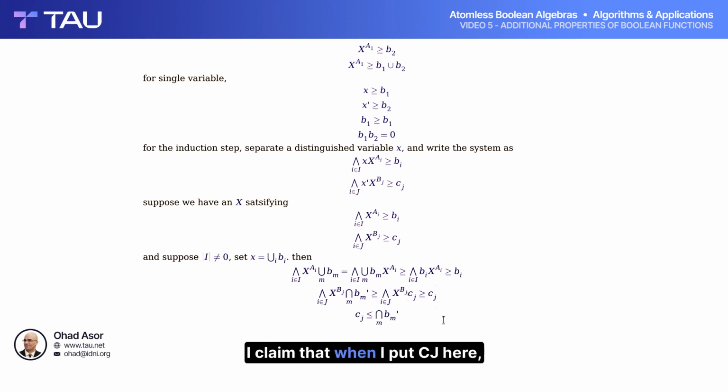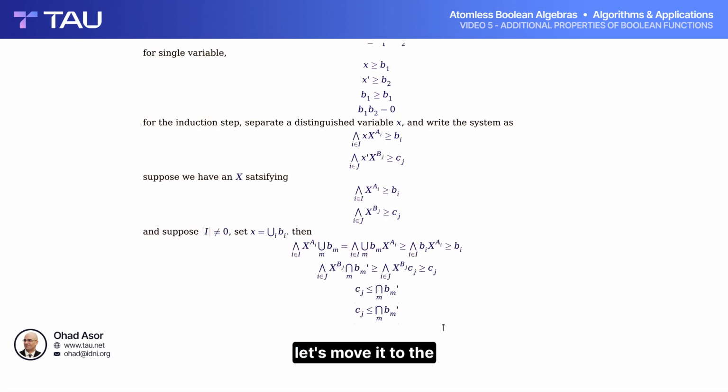I claim that when I put cj here, it is really greater or equal because this cj is smaller. And indeed, this inequality, let's move it to the right-hand side. By definition of the Boolean order, this is equivalent to saying that this thing is 0, which is the same as putting the cj here, but this just follows from the assumption that the bi and cj are all disjoint.